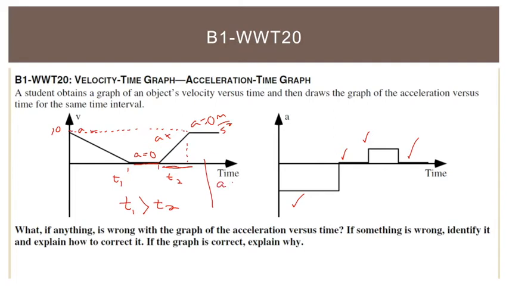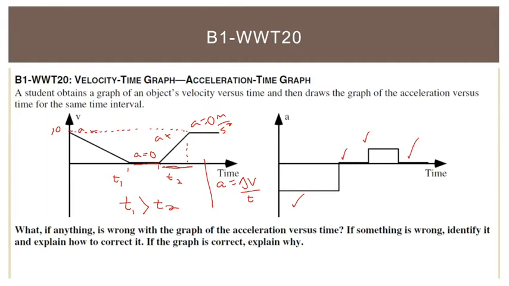Well, if you look at the acceleration equation, acceleration is delta v over t. And that means that the acceleration is inversely proportional to the time. And so if the time is much, much smaller, but the delta v is the same, then the acceleration is going to be bigger because we're dividing the same number into smaller pieces, right?